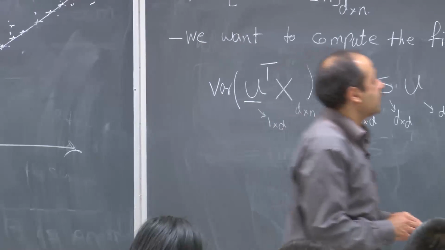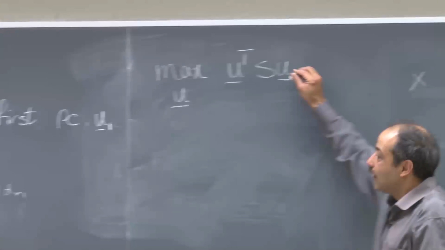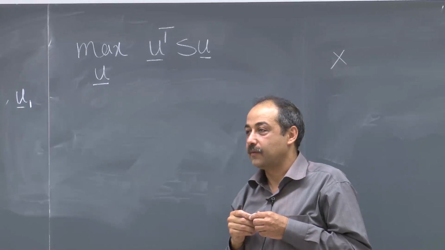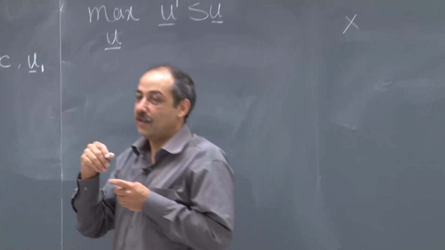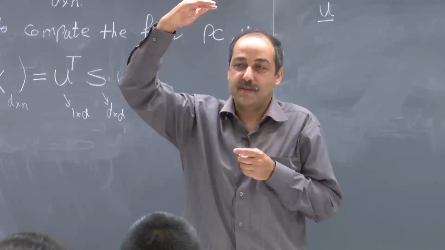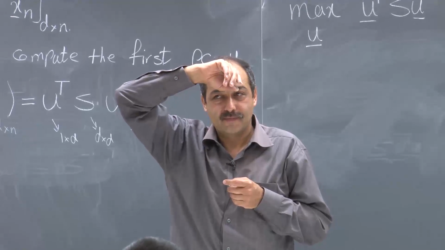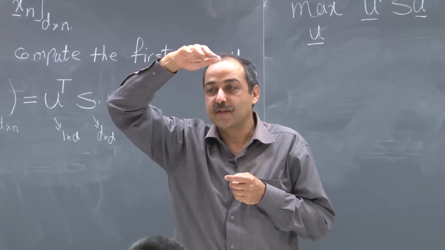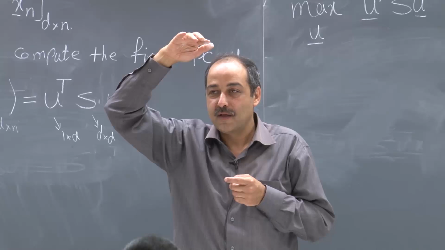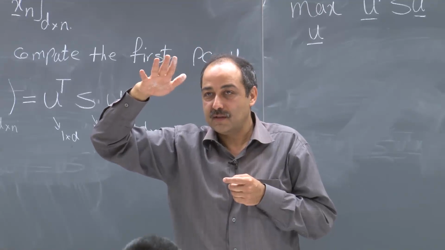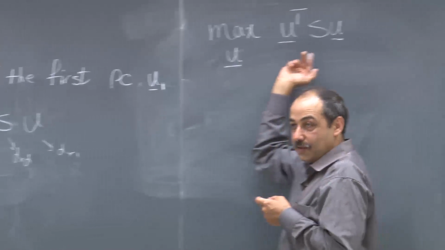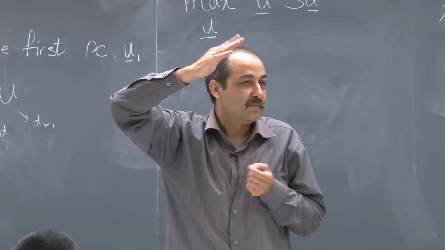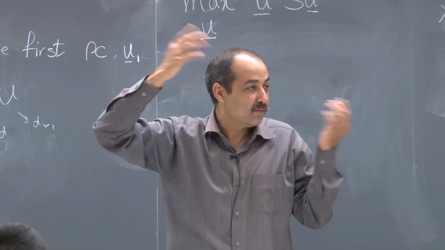Let me ask a question. Is there any upper bound for U transpose S U? Upper bound in the sense that can you say it can't be more than this? I claim that there is no upper bound here. This function has no upper bound. Any U that you give me and you claim maximizes this, I multiply this U by 2, so then this quantity is going to be twice more.